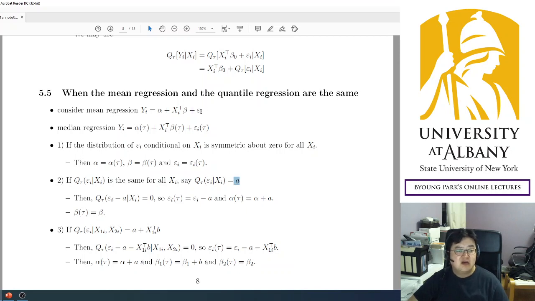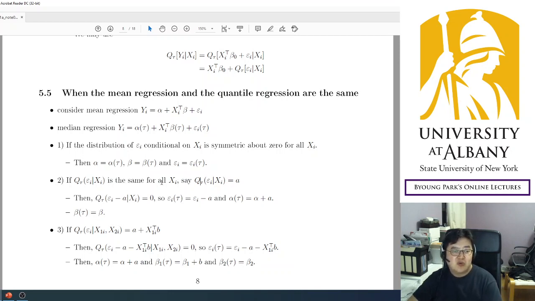Remember, this is also different from this. The error terms are different, but we are handling the error term from the mean regression, and it has this quantile, so we may use the same logic.